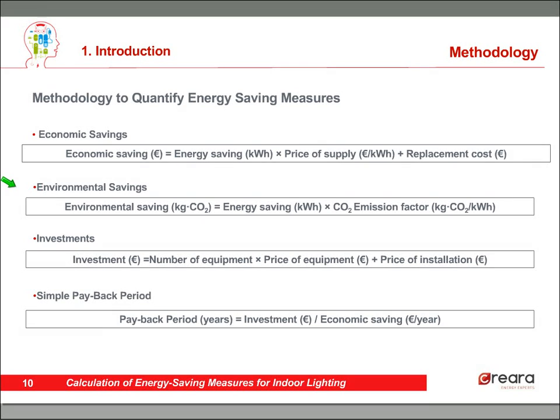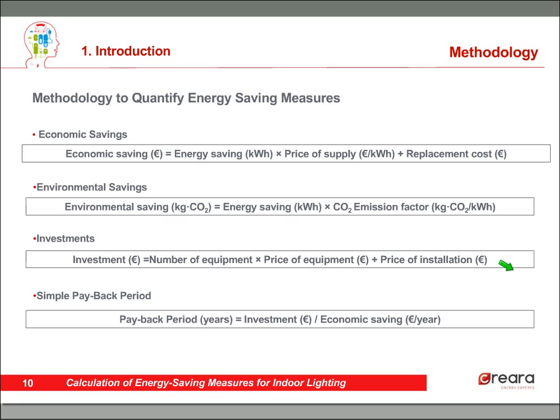The environmental savings, we usually call the environmental savings the kilos of carbon dioxide, of CO2, we don't emit to the atmosphere. So the environmental saving in kilos of CO2 would be the energy saving in kilowatt hours times the CO2 emission factor. The investment, the cost, we just have to know the number of equipments, the number of lamps, the number of luminaires, times the price of the unitary equipment, and we have to consider the price of the installation, the manpower.